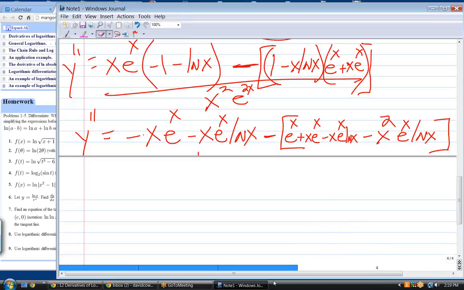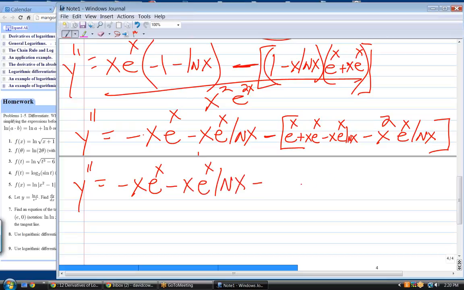What's the next step? Remove the brackets. Before we can figure out how to simplify this, we got to get rid of these brackets. Okay? So y double prime equals minus x e to the x minus x e to the x natural log of x.